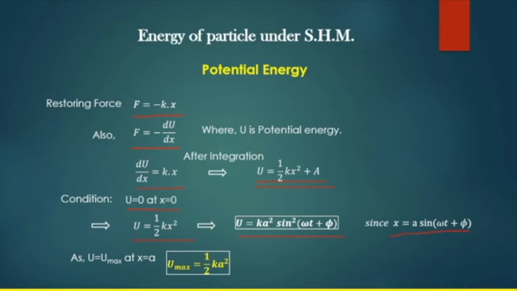As we know the value of x, the potential energy will be like this. To get the maximum value of potential energy, we have to put x equal to A, because at the extreme ends there will be no motion and the potential energy will be maximum. So the maximum potential energy will be half kA square.